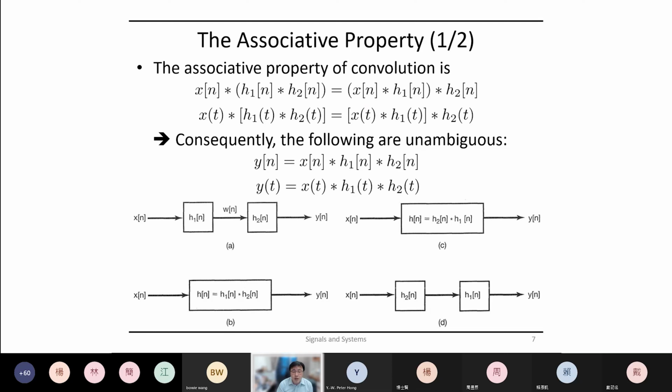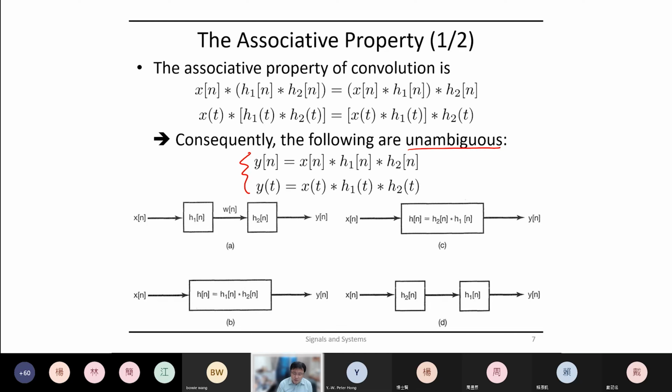Therefore, the following expression is unambiguous, because when you write it without putting in the brackets, there's no confusion: no matter in which order you compute the convolution, the result would be the same.